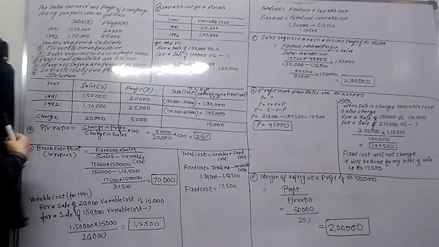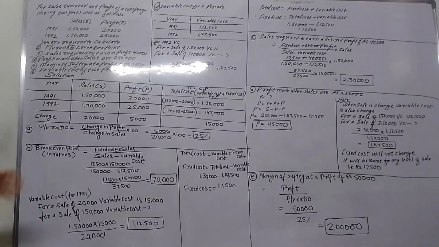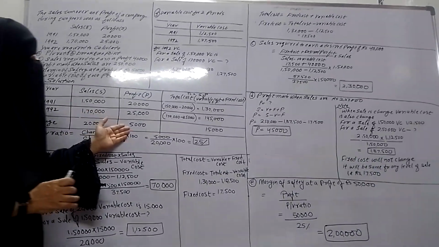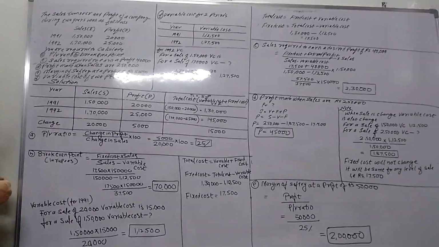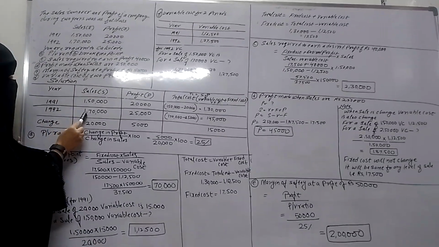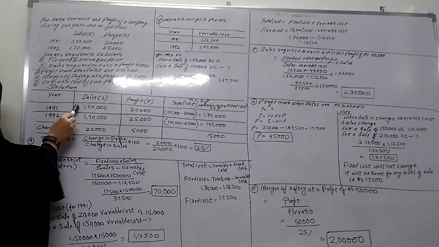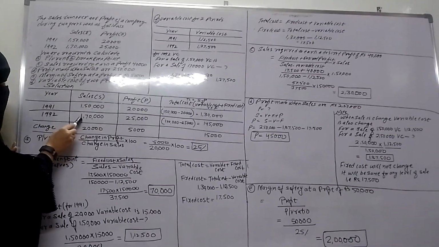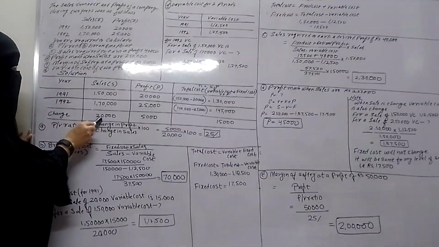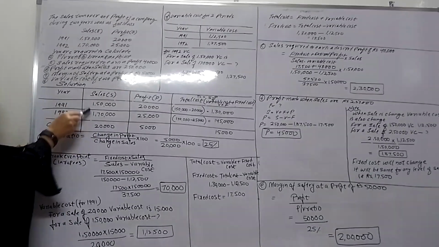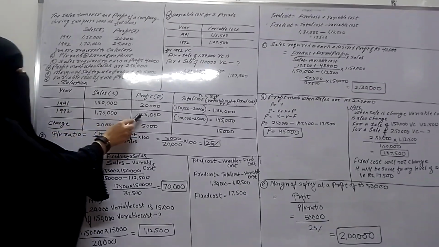Now we have to take the change: change of sales, change of profit and change of total cost. How can we take change? From 1992 subtract the values of 1991. So 1,70,000 minus 1,50,000, the change in sales is 20,000.